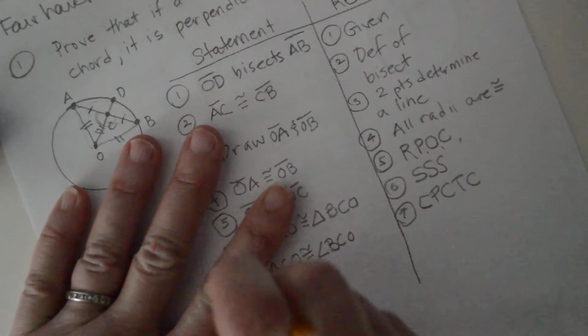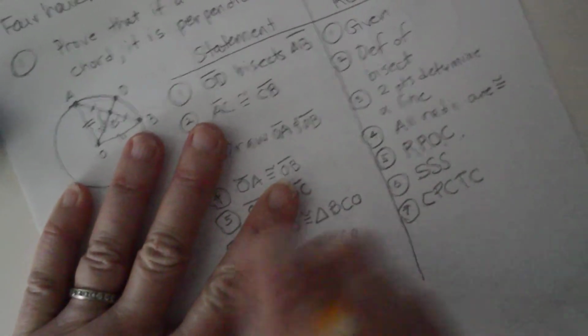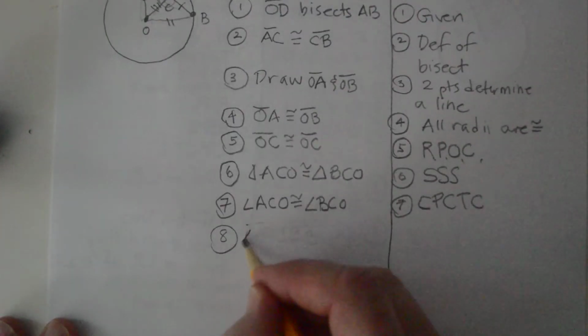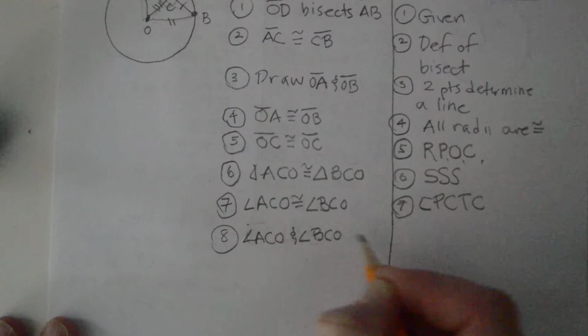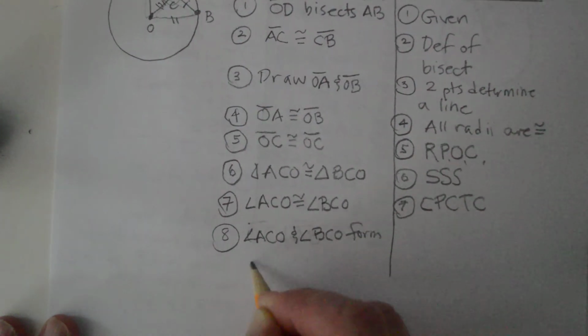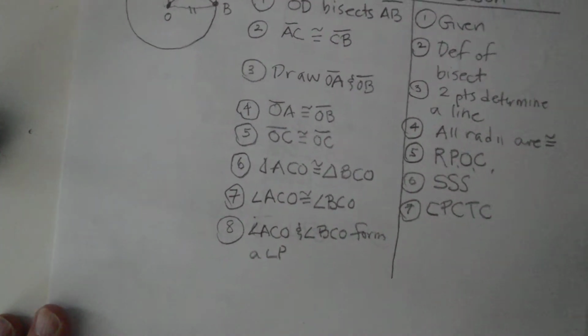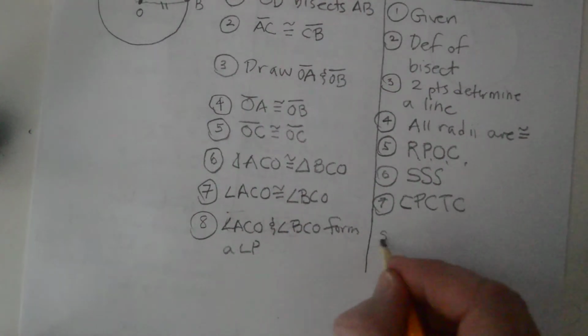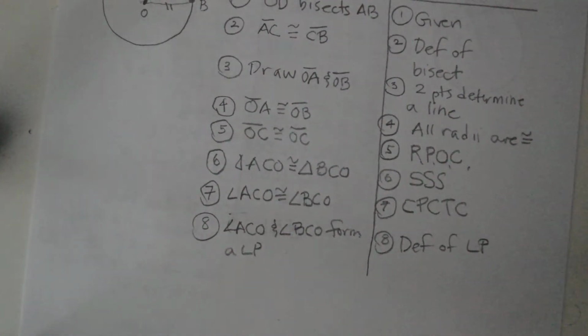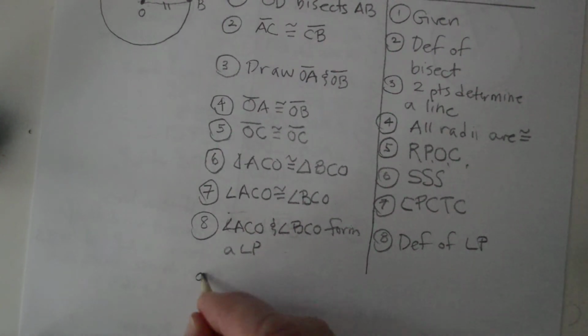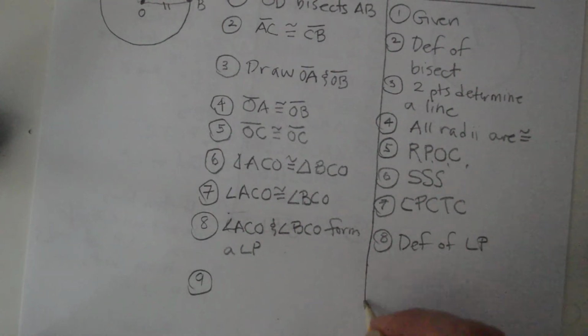Actually, sorry, I forgot to say one thing here. All right, first we have to say that angles ACO and BCO form a linear pair. All right, and the reason, definition of linear pair.